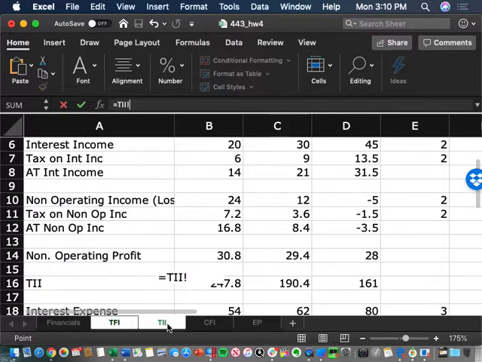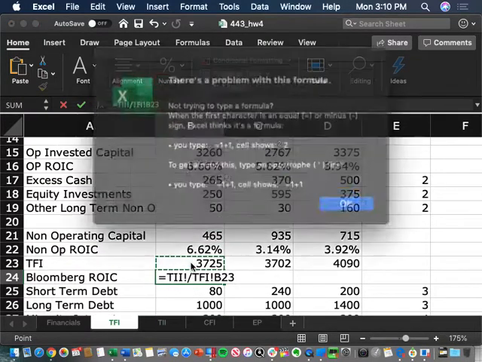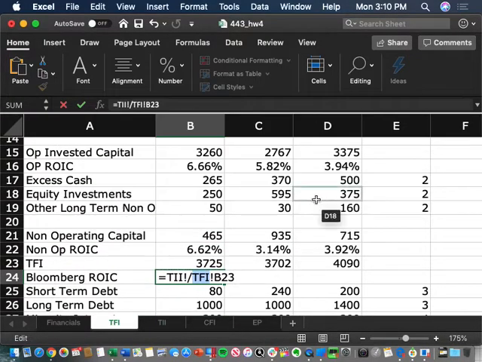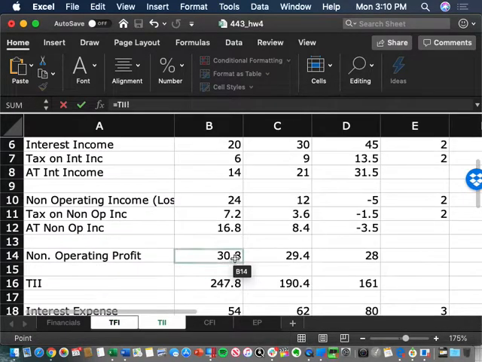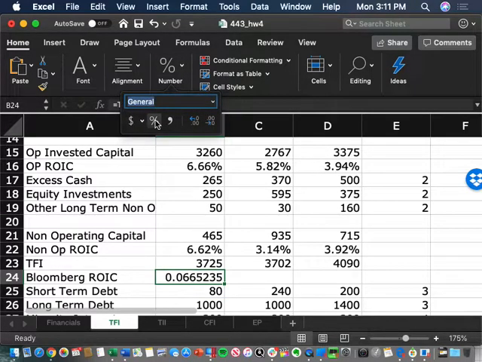If I take my TII and I divide it by the TFI, then I get the average ROIC of both.